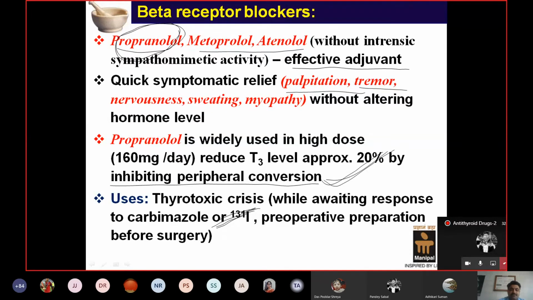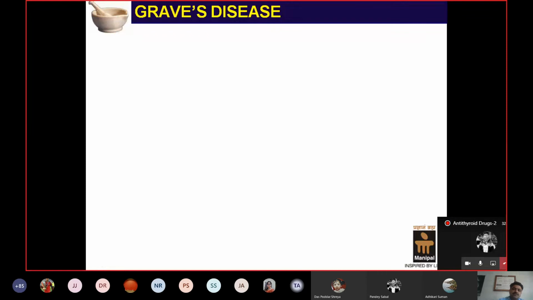Carbimazole or even this beta blocker could be given for the patient who is waiting for surgery, for symptomatic relief. These beta blockers are generally used for relief of the symptoms of hyperthyroidism, especially the cardiovascular symptoms.